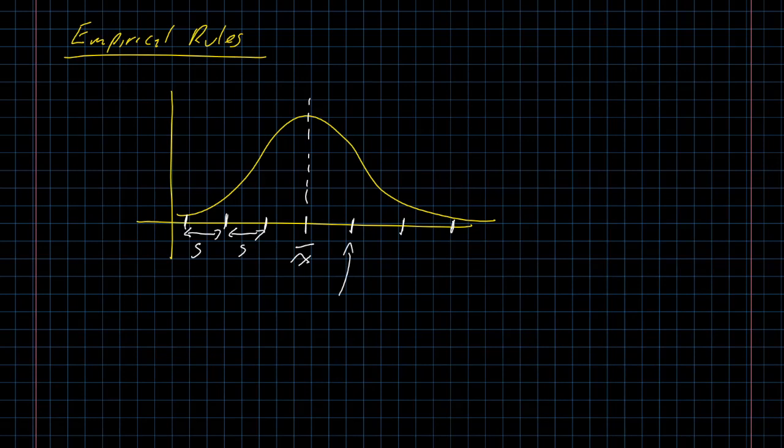So this point here is going to be the mean plus the standard deviation. This point over here is going to be the mean plus 2 times the standard deviation. And then the third point is going to be the mean plus 3 times the standard deviation.